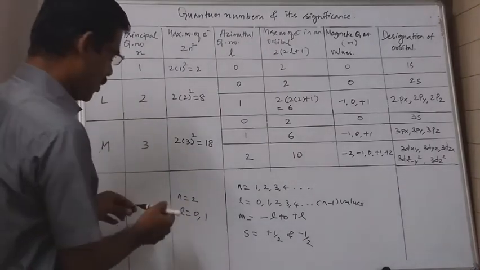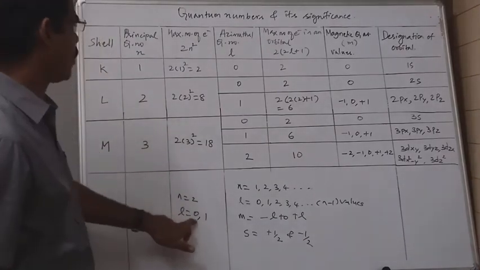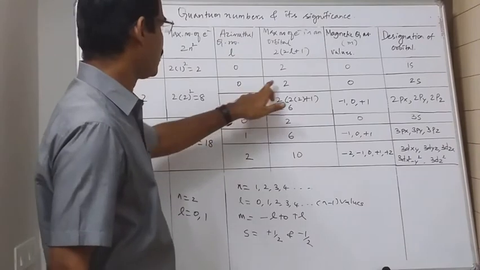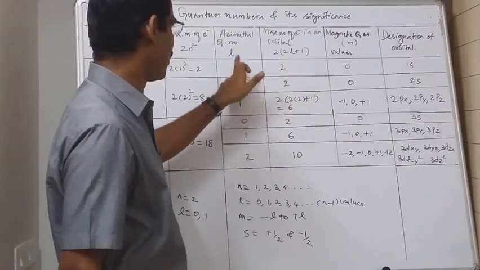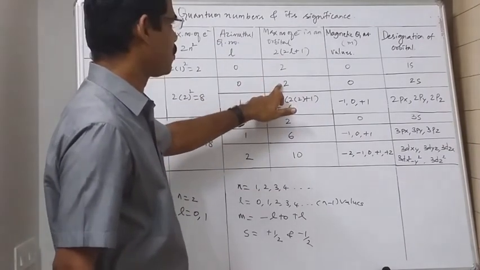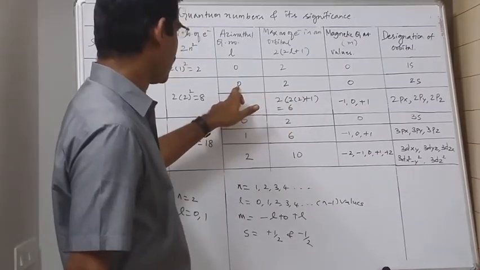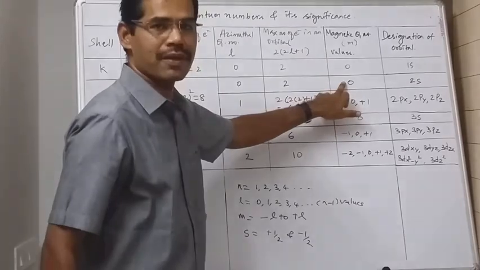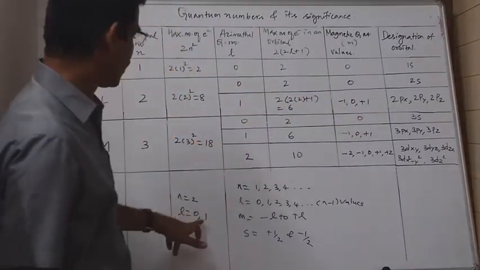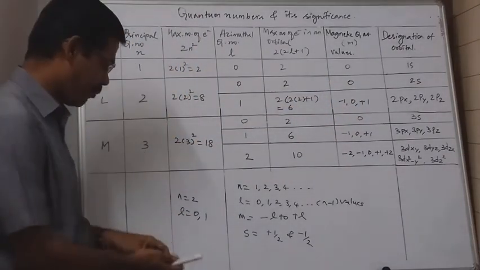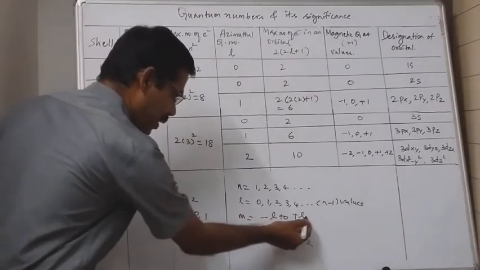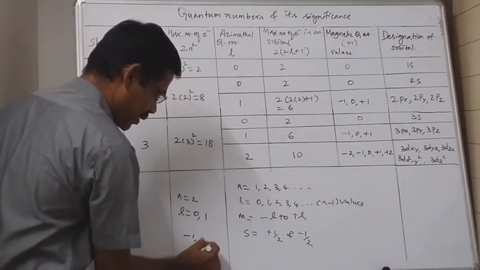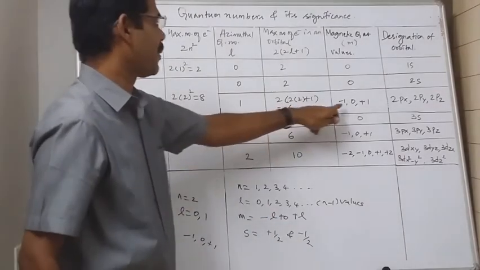These are the two values of L. For L equal to 0, the maximum number of electrons in that subshell will be 2, and m will always be 0. Suppose L is equal to 1, then m corresponds to minus L to plus L, so minus 1, 0, plus 1. You can see 3 values are possible.